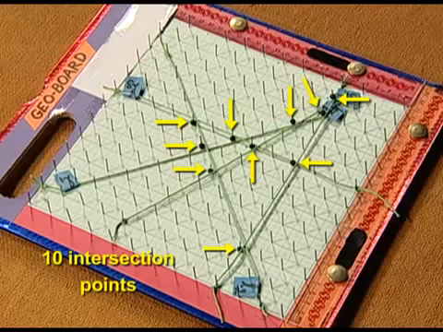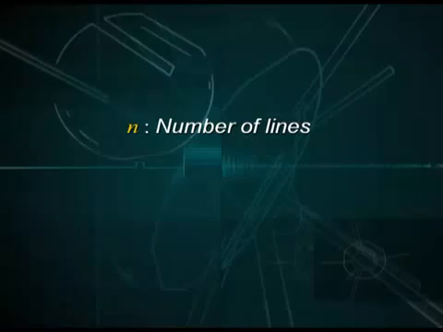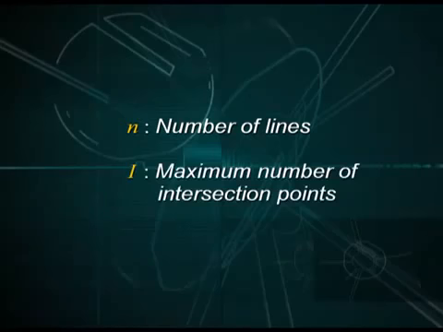So, what have you observed? Let us see. Suppose n represents the number of lines and I represents the maximum number of intersection points. Then we have observed that when n is equal to 1, I is 0.